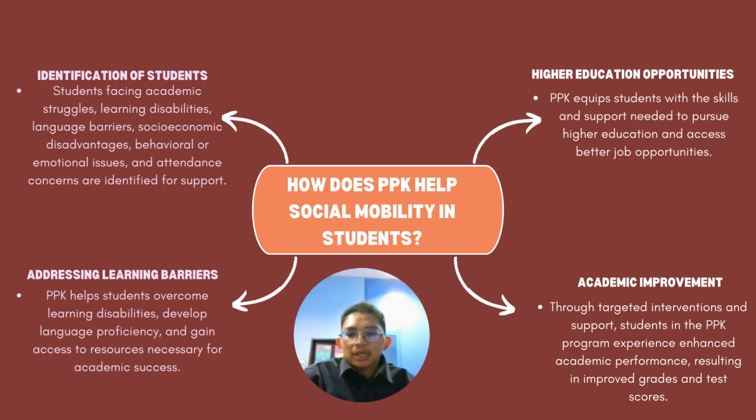So the second point is addressing learning barriers. PPK helps students to overcome learning disabilities and also develop language proficiency and gain access to resources necessary for academic success. PPK provides targeted interventions and also support to help students overcome learning barriers and succeed academically.